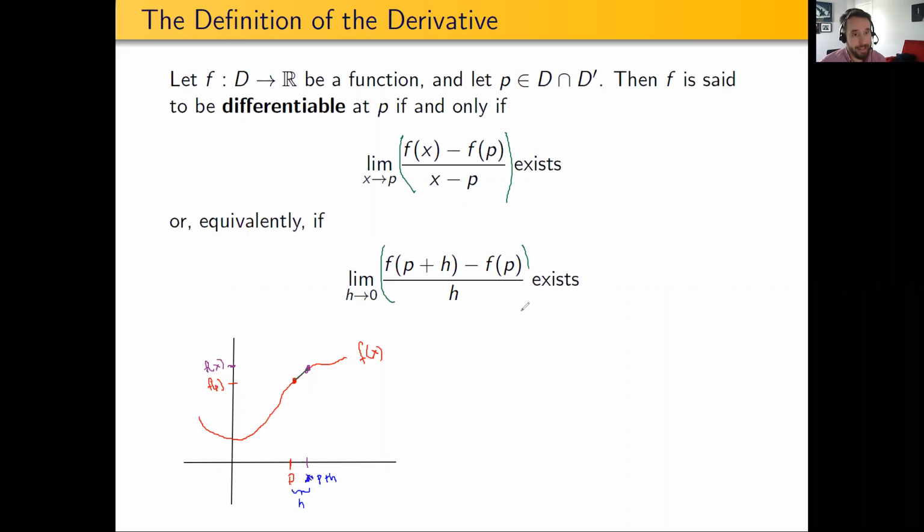So we calculate that, and then we take a limit of these expressions as x goes to p or as h goes to 0, and what we'll get are points that are closer and closer and closer to p, and we'll calculate this difference quotient between 2 points that are getting closer and closer. And if that limit exists, it will represent the physical quantity of the instantaneous rate of change of the function f, or what we know as the derivative.